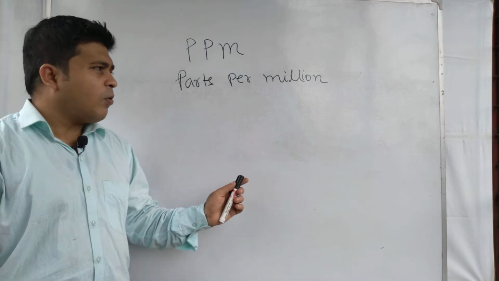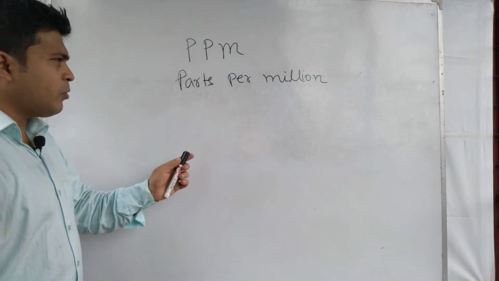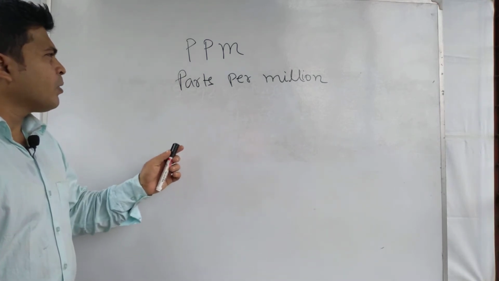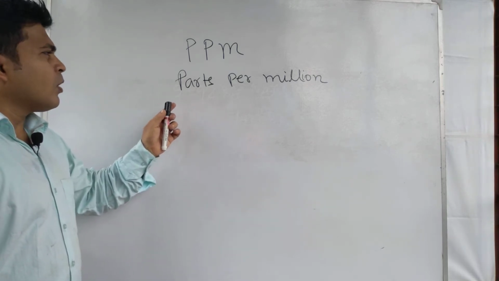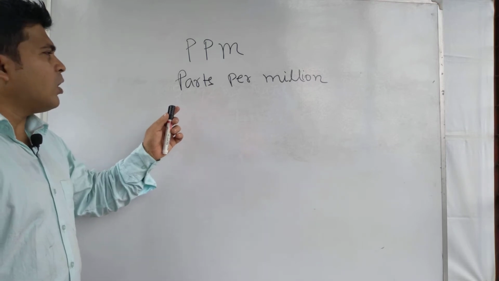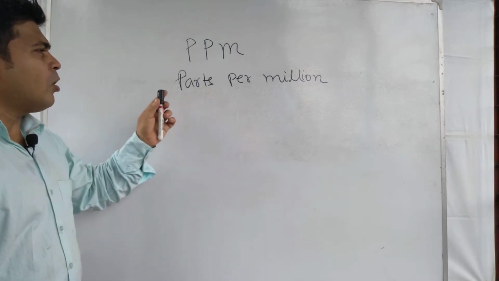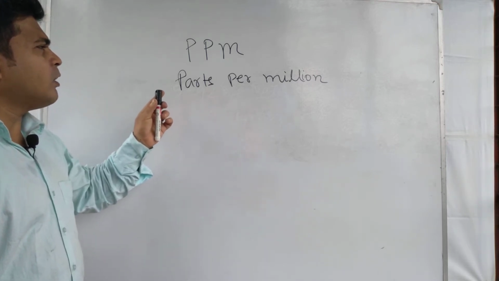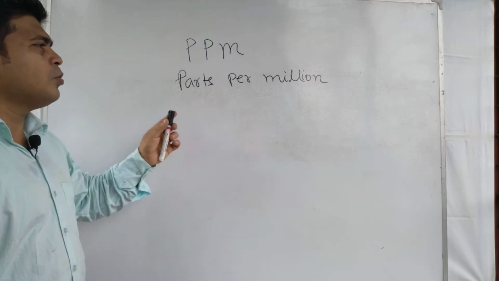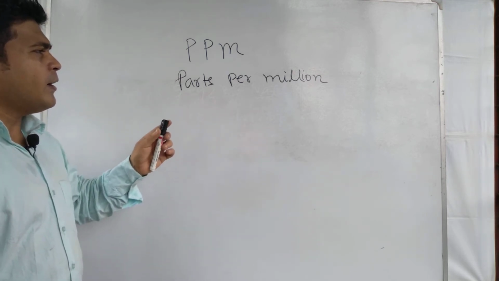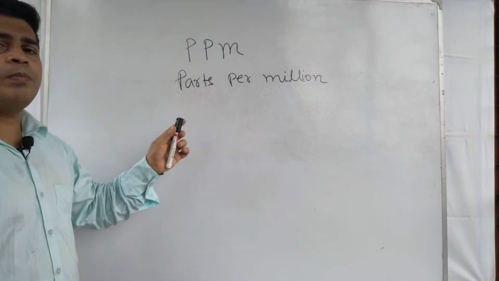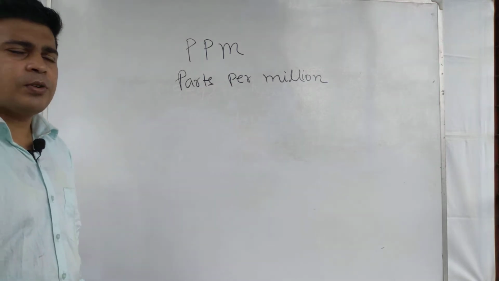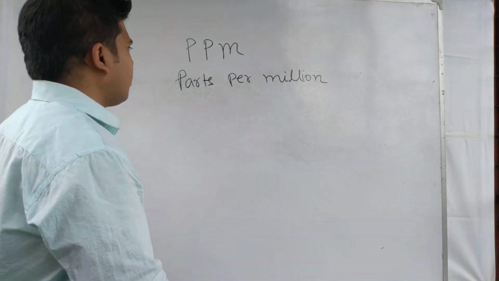These points we now try to understand: what is ppm, what is the unit or formula of ppm, where the ppm unit is used, and its advantage over mass percent or mass percentage.